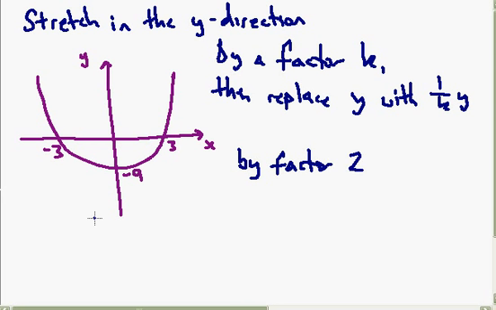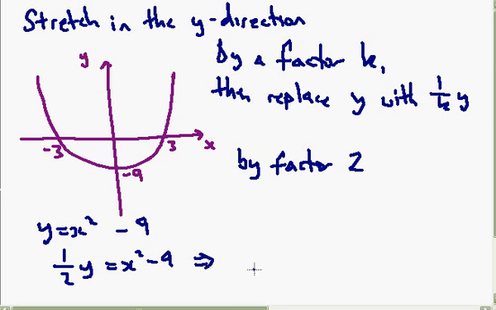The original equation is y is equal to x squared take away 9. Now I'm going to replace y with 1 over ky, or in this case 1 over 2y, 1 half y. So what you get, if you multiply both sides by 2, is y is equal to 2x squared take away 18. So y is equal to 2x squared minus 18.